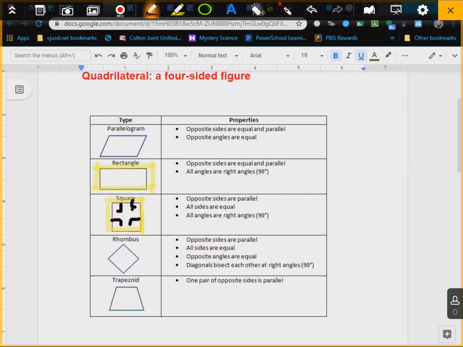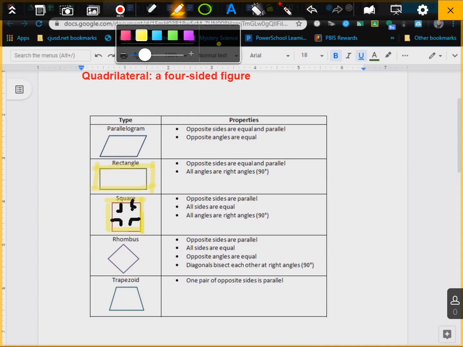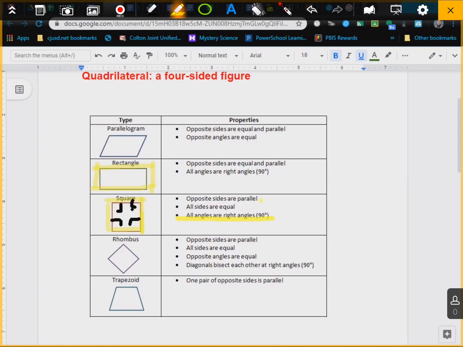Therefore, we know that a square can be a type of rectangle because a square has all angles that are right angles and the opposite sides are parallel. Now, a square could be a rectangle, but I want you to take a second and think, why can't a rectangle be a square? The reason is that a rectangle does not have all sides equal.